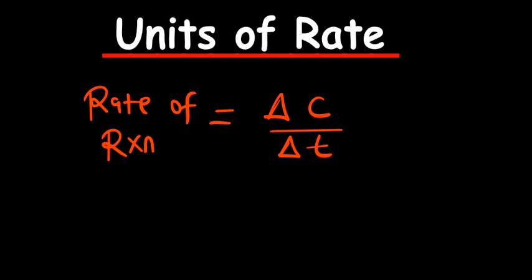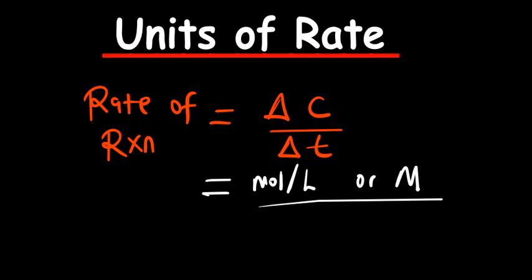Now, what will be the units? We know that concentration itself is measured in moles per liter, or molar. Over time, we know that it is measured in seconds, which I'll put as s.